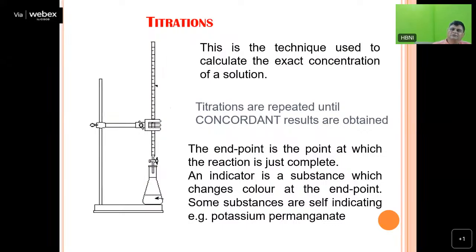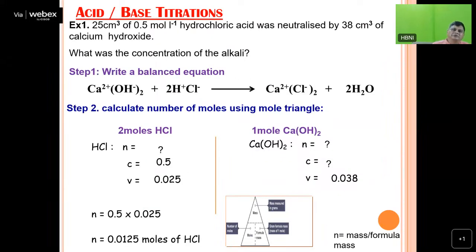So these are some examples of determinations, starting with acid-base titrations. This is an example I have given here, the determination of calcium hydroxide. Basically I am doing the titration of hydrochloric acid neutralized by using calcium hydroxide. So what is the concentration of the alkali? What is given to me is that I use 25 ml of 0.5 M hydrochloric acid. The volume of calcium hydroxide consumed is given, so how many moles of calcium hydroxide are there?